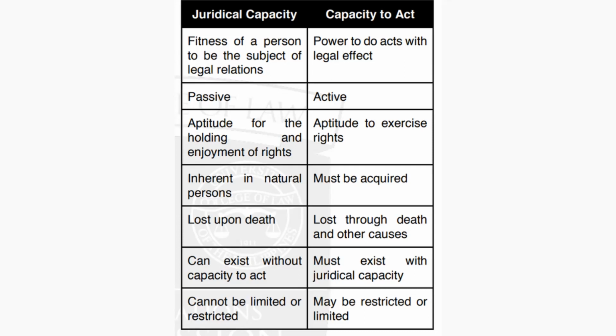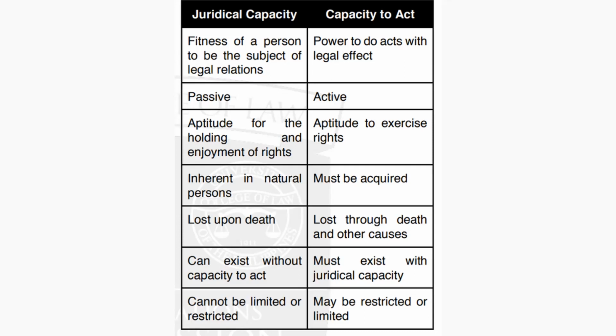Therefore, you must reach the 18 years old requirement. So if you are 16 and you enter into marriage, that's not allowed. So you don't have the capacity to act or to enter into a marriage contract. Juridical capacity is inherent in natural persons. It cannot necessarily be acquired. Okay.